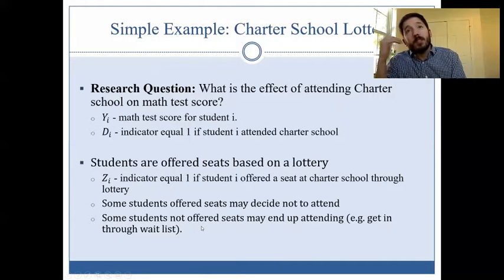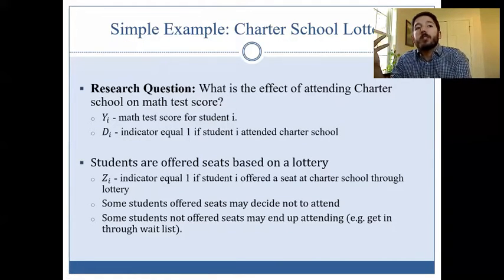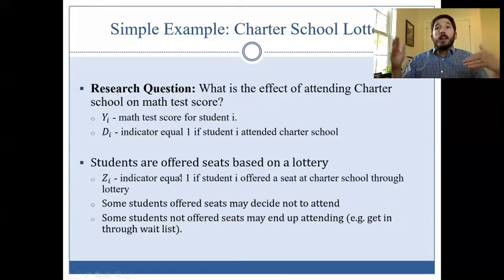Right, and remember there's a difference here because some students are going to be offered seats but decide not to attend, right? And then some students might not be offered but may end up attending. They might get in through the wait list, or there's some other ways you might be able to get in without that. But the part of the variation in attendance that is driven just by whether or not you win the lottery, that's the part that's going to be random, right?